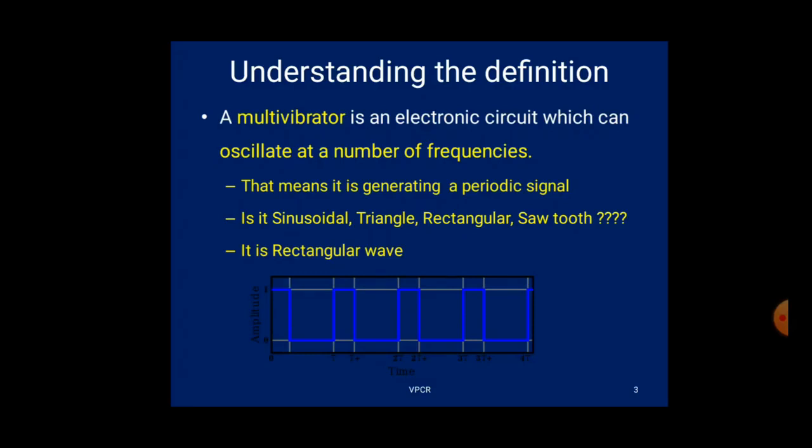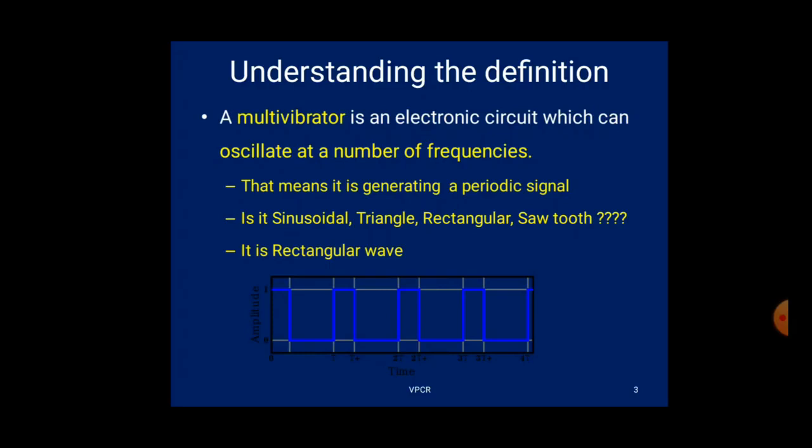The rectangular wave, you already studied in signals and systems, looks like this, with respect to time and amplitude. With respect to time, the rectangular wave will have either a low level or a high level, with different on time and off time, or different pulse widths.